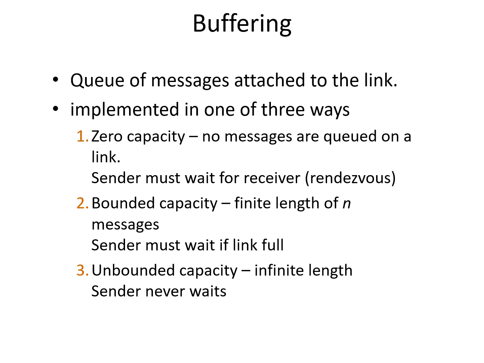The sender sends the message directly and waits for the receiver. In bounded capacity, the buffer is of finite length and can store only n messages. The sender must wait if the link is full. In unbounded capacity, the length of the buffer is infinite and the sender never waits.